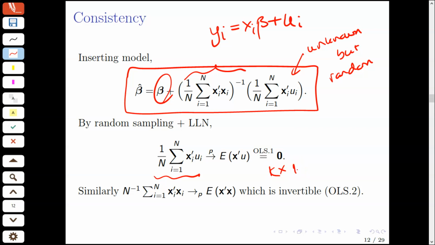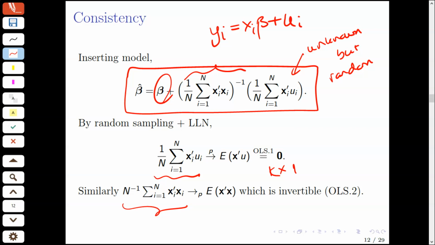Now similarly, invoking random sampling and the law of large numbers, we can show that the average of the outer products of the regressor vectors converges in probability to the expectation of the outer product. Note here that the right-hand sides of these limits don't involve any i's or n's, since we're assuming that these observations are drawn from the same distribution.